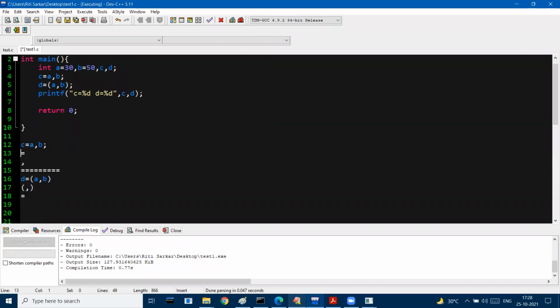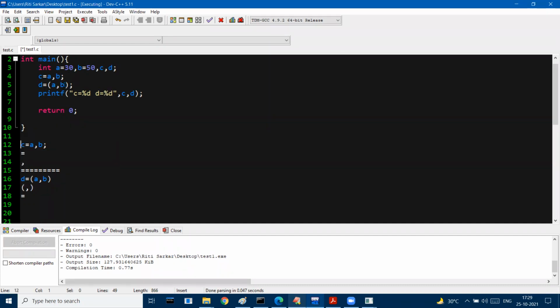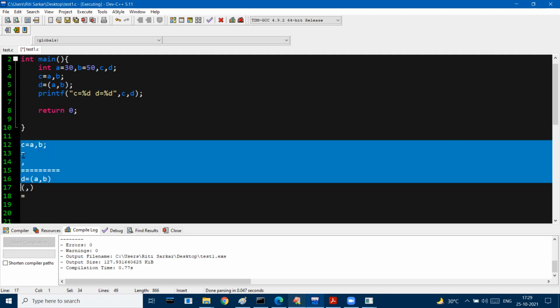But here in this case, the assignment operator has high precedence compared to comma. Then what will happen? C is equal to A will be evaluated. What does it mean? The value of A will be given to C. Then what will be the value of C?